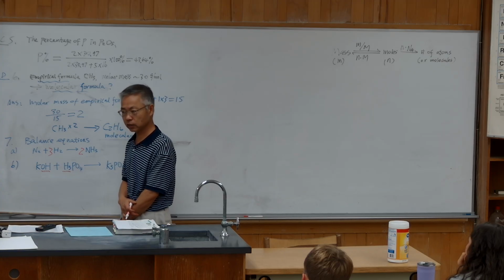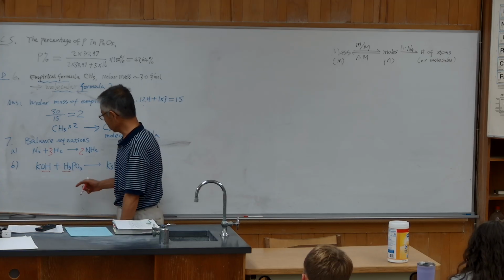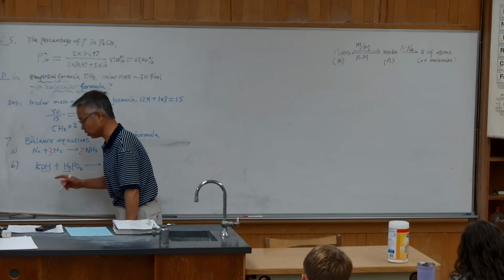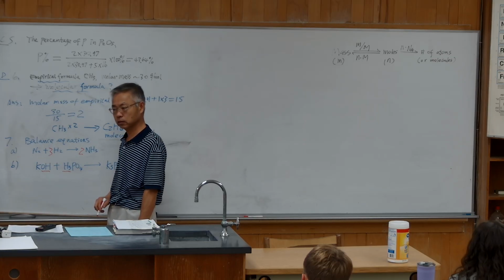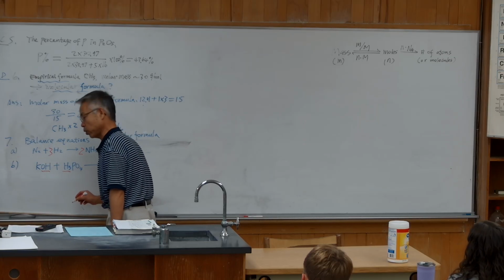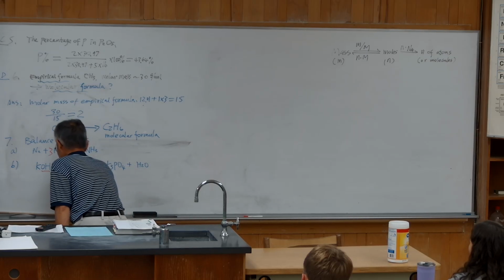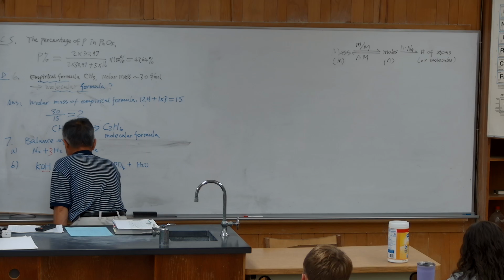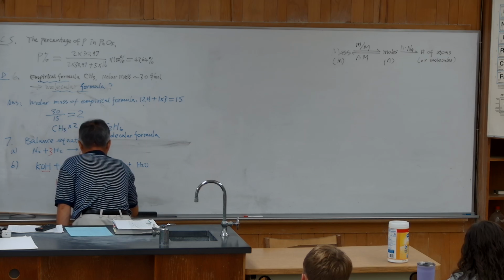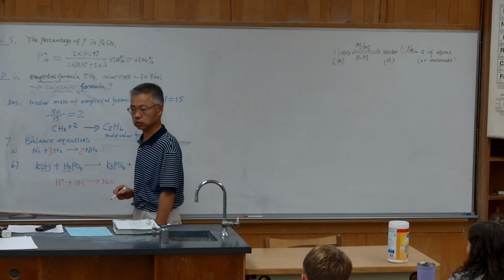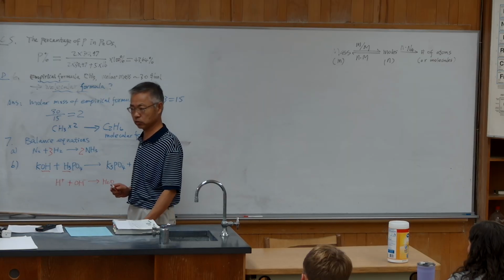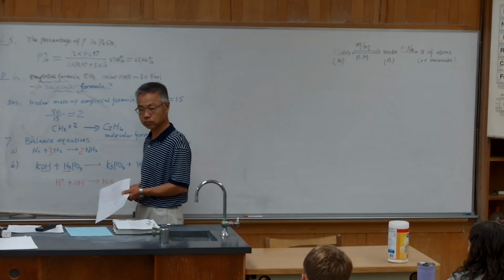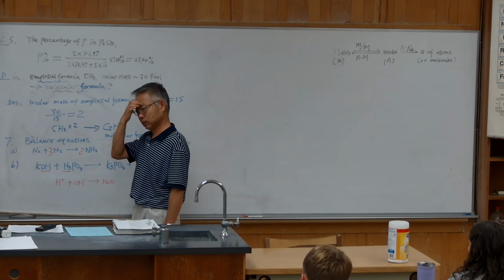Whenever you see a balance equation for an acid reacting with a base, the critical reaction is one hydrogen ion reacting with one hydroxide ion to produce one water. This is the critical thing for any acid that reacts with a base.